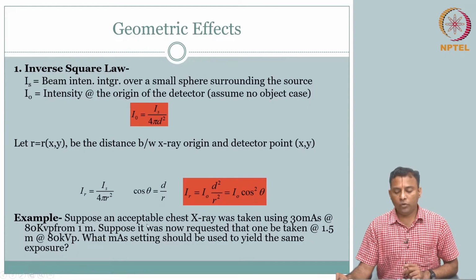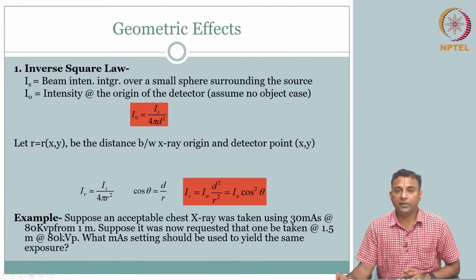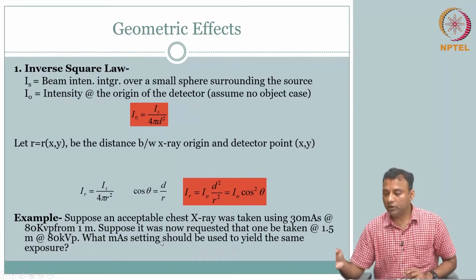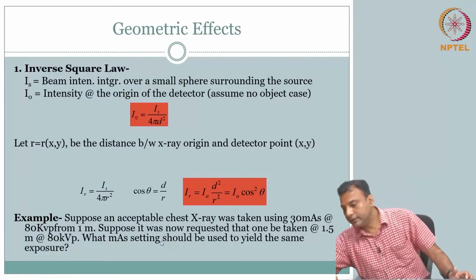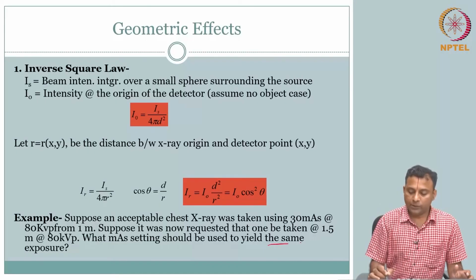They are saying, oh, now you need to move the patient, you have to take the patient to 1.5 meter from the tube, but the setting is the same, 80 kilovolts peak. That is what you want to apply. Question is, what MAS setting should be used to yield the same exposure?